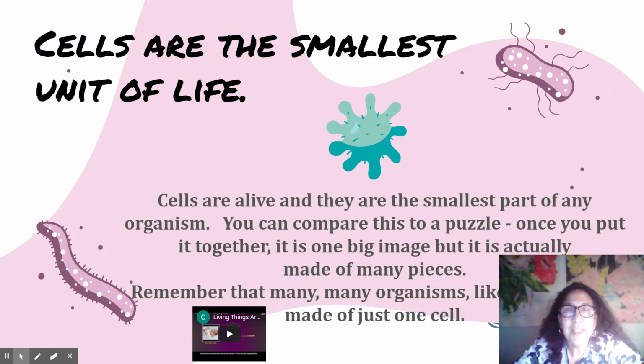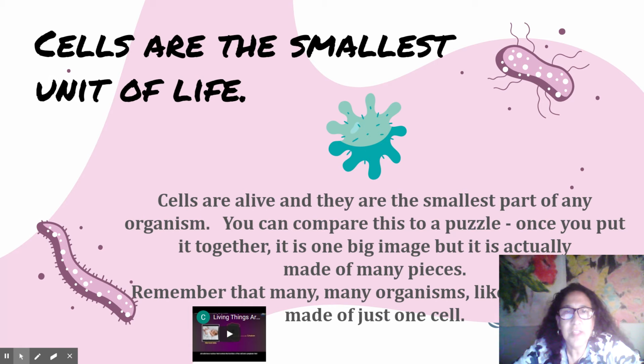The next part was that cells are the smallest unit of life. Okay, cells are alive and they are the smallest part of any organism, plant, animal, bacteria. And I like to compare this to a puzzle. When you put a puzzle together, it is 1,000 pieces, but they end up making one big image.